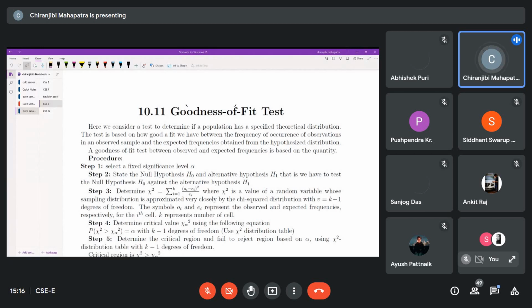Okay, so the goodness of fit test is used here. We consider the test to determine if a population has a specific theoretical distribution.